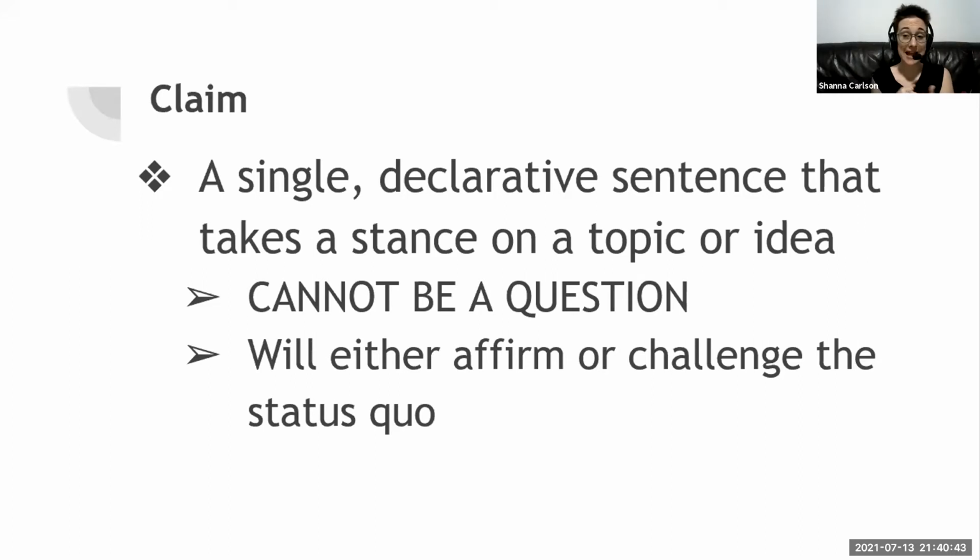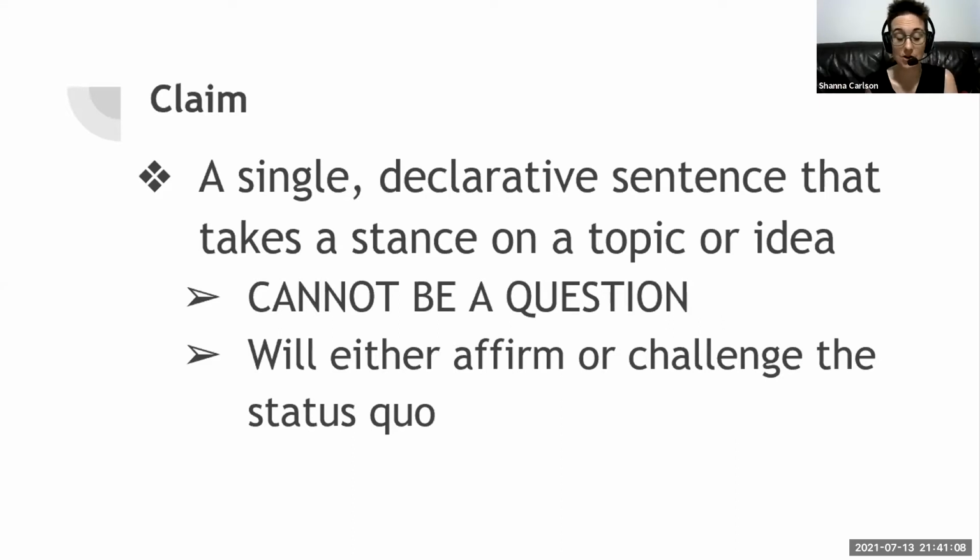A claim cannot be a question. It must end in a period, or some people would say, sometimes you can use exclamation points, but it cannot be a question at all. And it's going to either agree with the status quo or disagree or challenge the status quo.